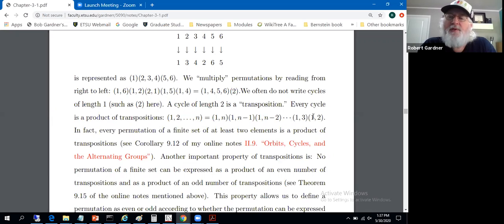I throw 2 into that bin of 1, and then what's in that bin gets mapped to 3. So I'm kind of using the 1 in a special way to get the type of behavior indicated. But we can take any cycle, write it as a product of transpositions in this sense. In fact, every permutation of a finite set of at least 2 elements is a product of transpositions.